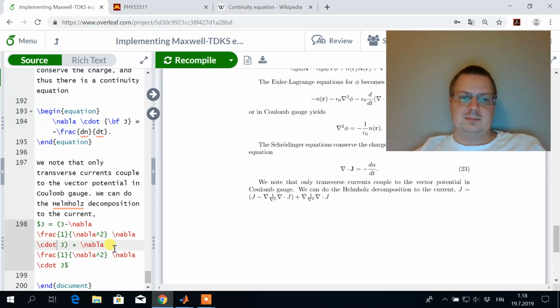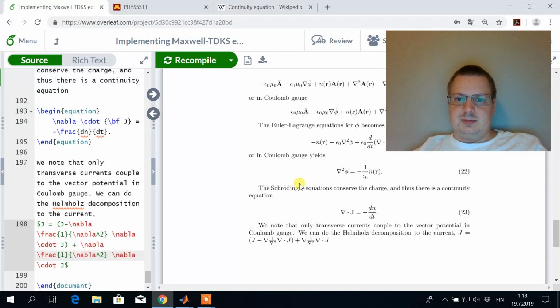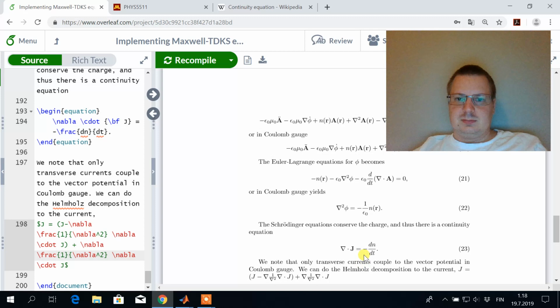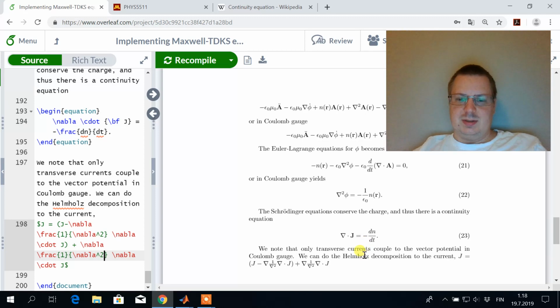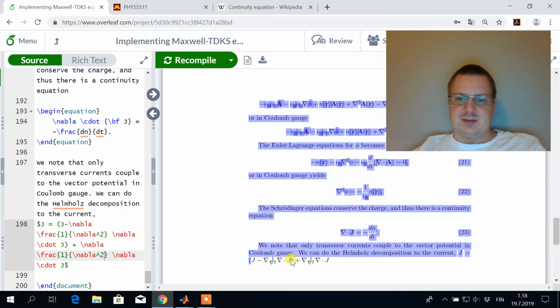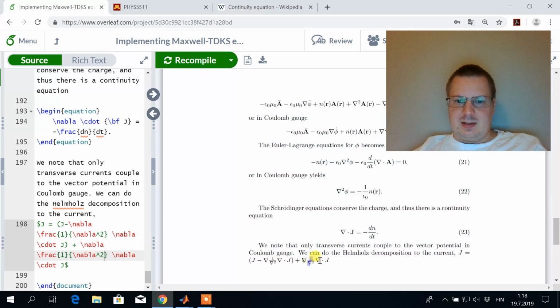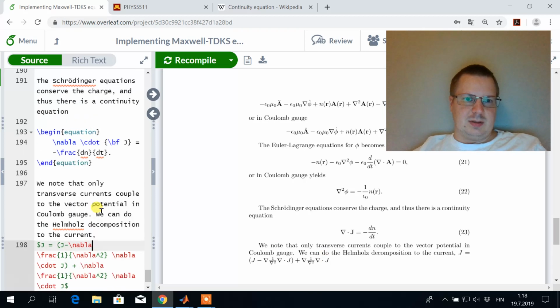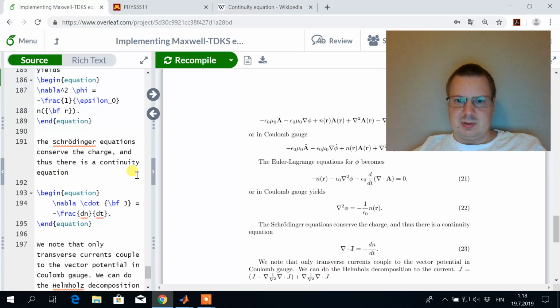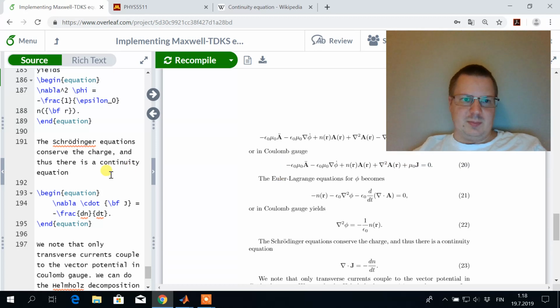Let's see. So now we essentially, so this is the transverse current, and then we focus on this term here. So let's just put this in the Coulomb gauge equation.